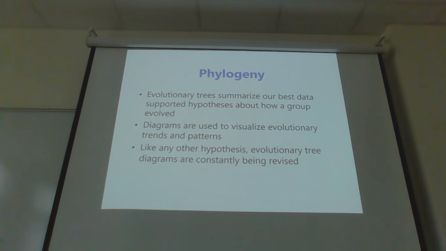As we'll see, you can make phylogenetic trees only focusing on primates, or you can set up phylogenetic trees of all the vertebrates. It depends how wide or narrow you want to go. It's all up to you, okay? And so these diagrams are used to visualize evolutionary patterns, trends, history.